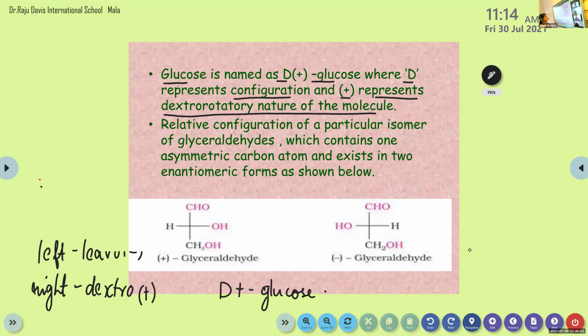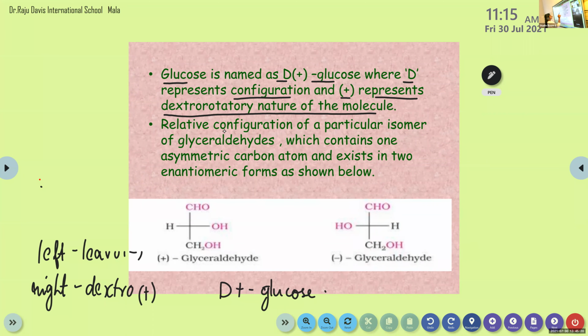It shows the configuration. That means we relate the structure of this glucose with another compound. There are two forms for that compound. Based on the structure of these two forms, we can relate the structure of glucose with one of them. Then based on that, we can categorize it as D. Okay, I will explain it.